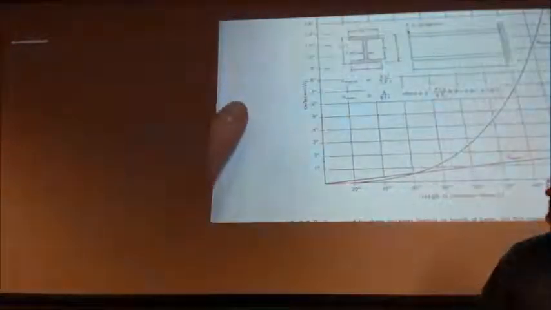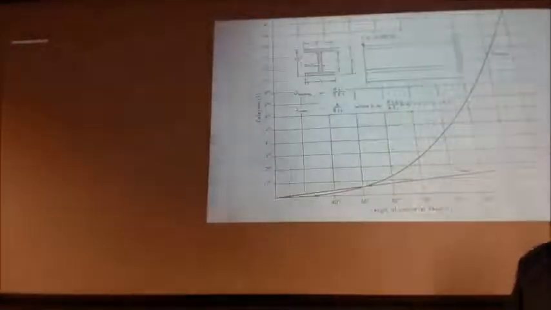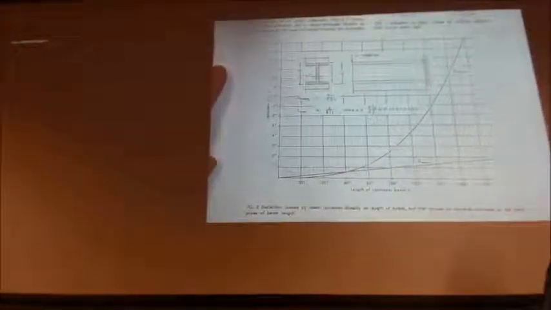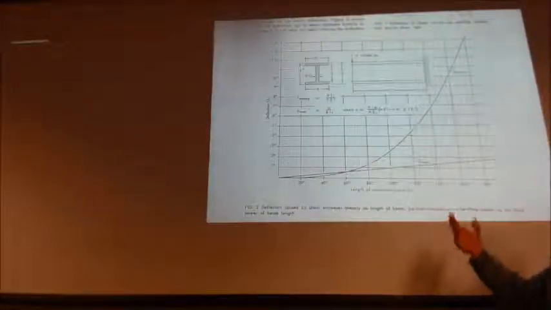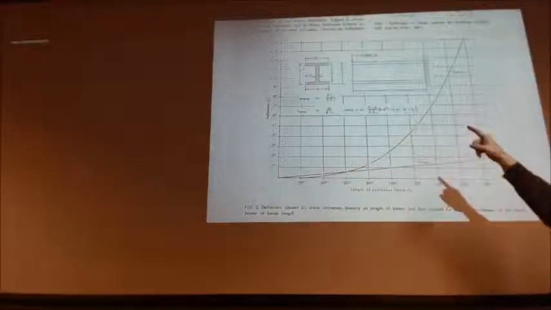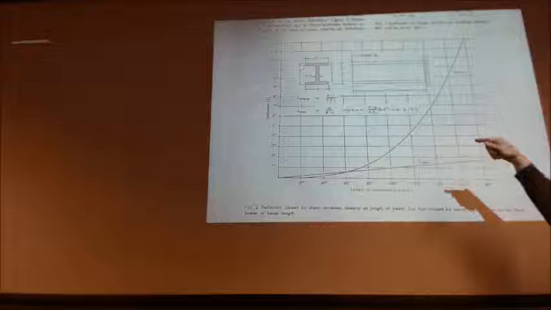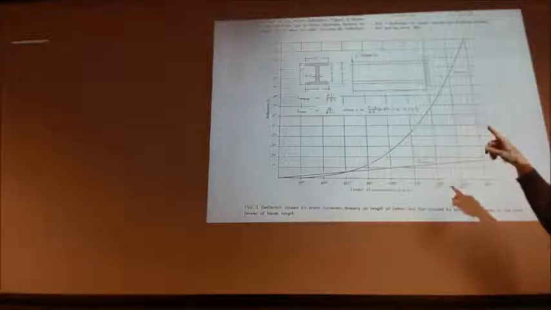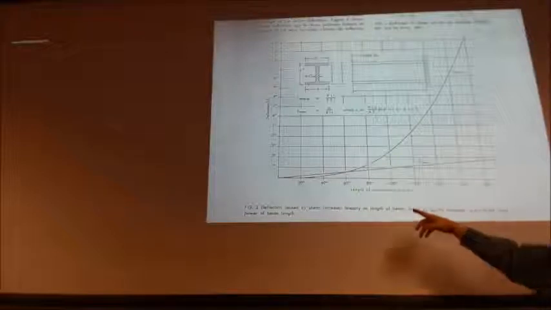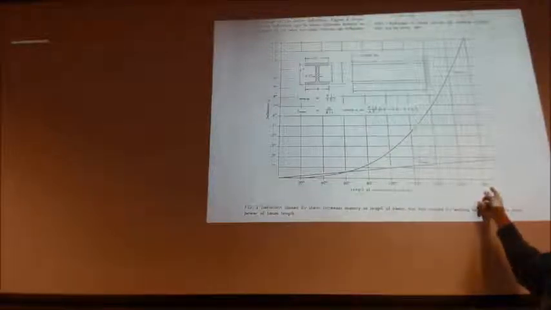And if we look at this graph, this is for an I-beam, not for a square beam like we're doing, but it gives you a sense of what we're doing. The beam itself is a 10 by 10 square, if you will, and we have the length across the bottom.